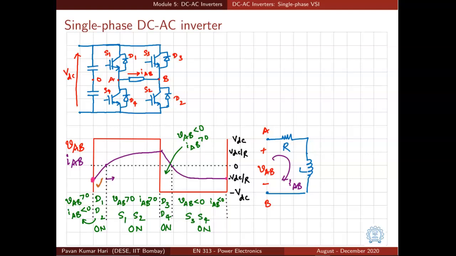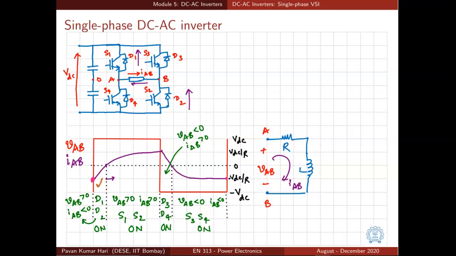Since VAB has to be positive and IAB is negative, the only switches that can conduct are D1 and D2, because current has to flow in the opposite direction of IAB, that is indicated here. So current flows through D2, through the load, and through D1 and reaches back the DC source.